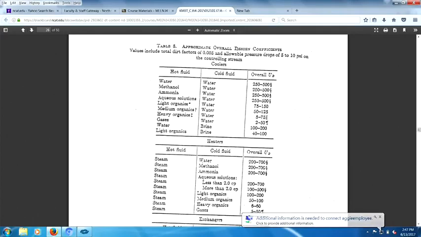First thing, approximate overall design coefficients. You can't fool Mother Nature. So overall heat transfer coefficients will be floating around here. And this is a dirt factor of 0.003, allowable pressure drop 5 to 10 psi, cooling streams. This is for coolers, and this is for heaters.